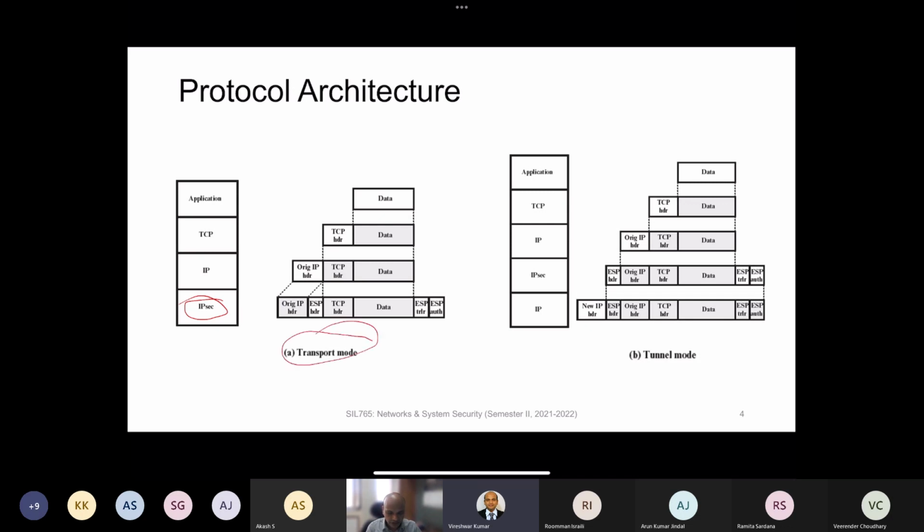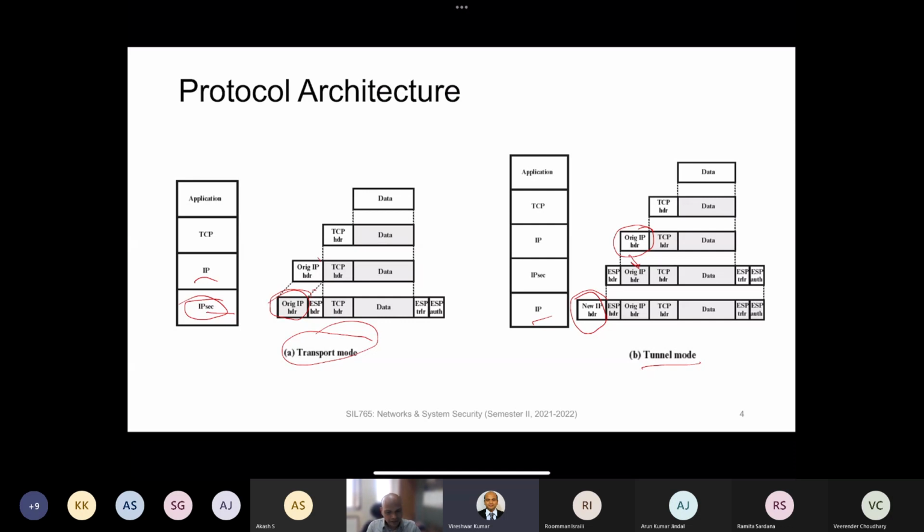So in the transport mode, this IPsec sits below the IP layer. So the original IP header is neither encrypted nor authenticated. In the tunnel mode, because this original IP header is encrypted, you need to have another IP layer processing, and you add another IP header.